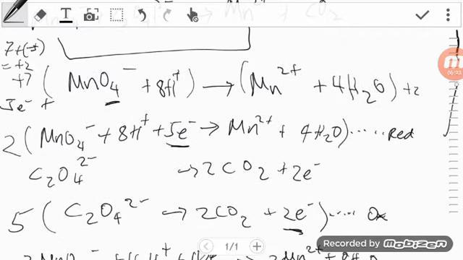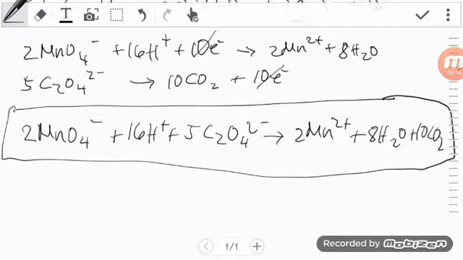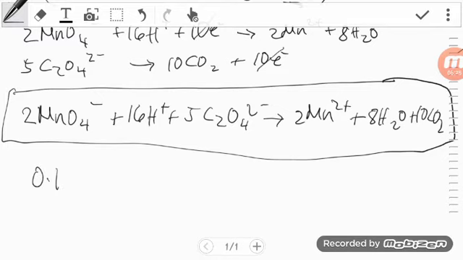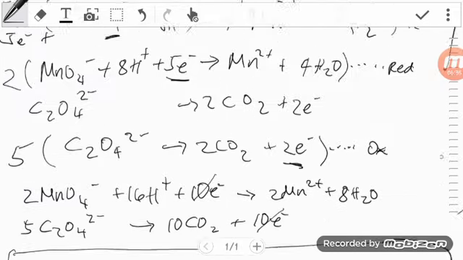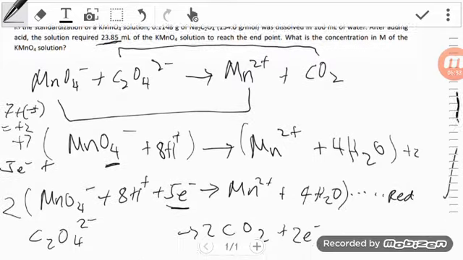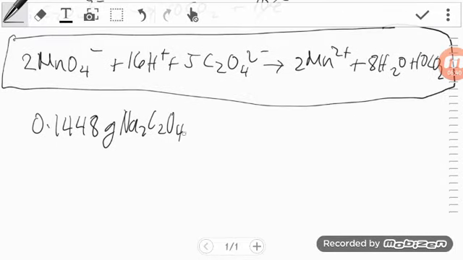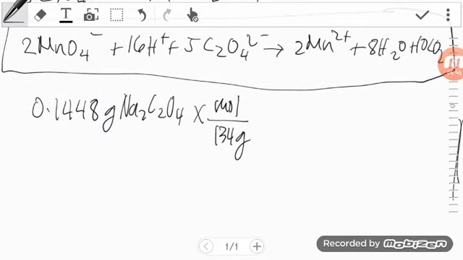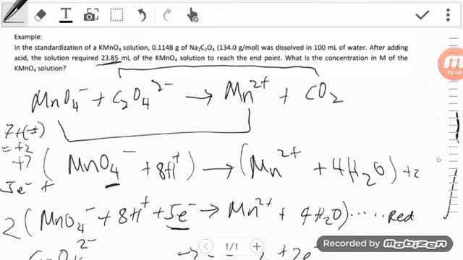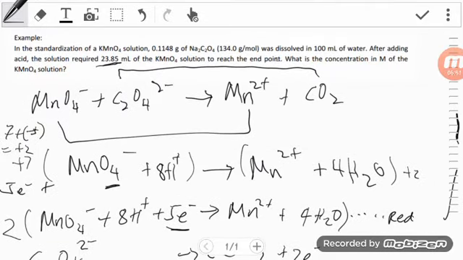So let's put that down here. 0.1148 grams of sodium oxalate. Then the molar mass at 134. And then it was dissolved in 100 ml of water.